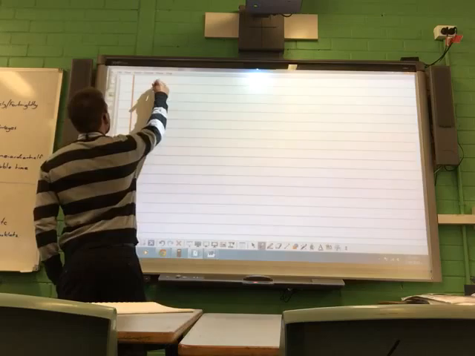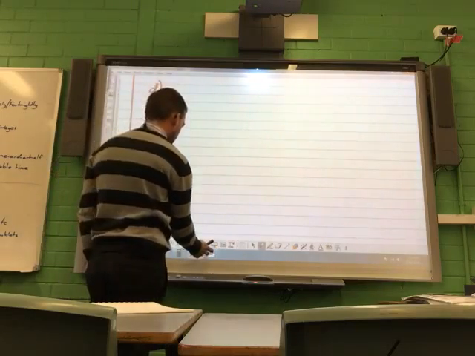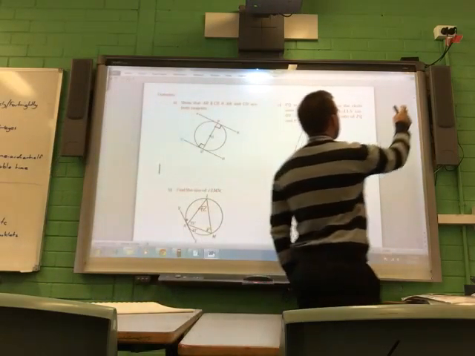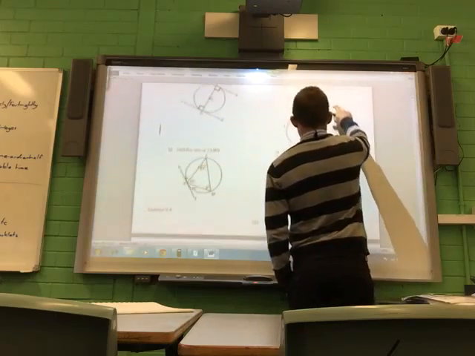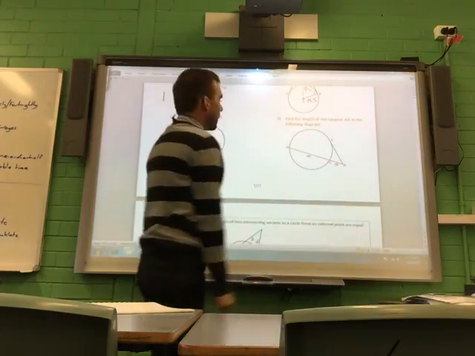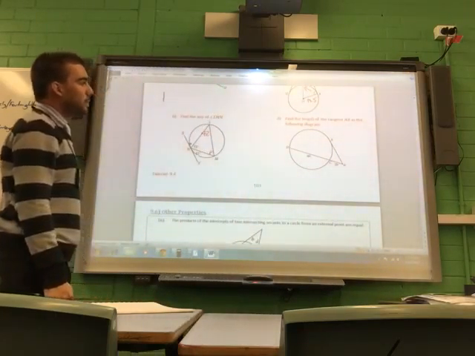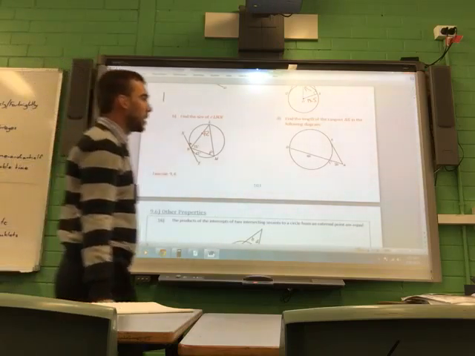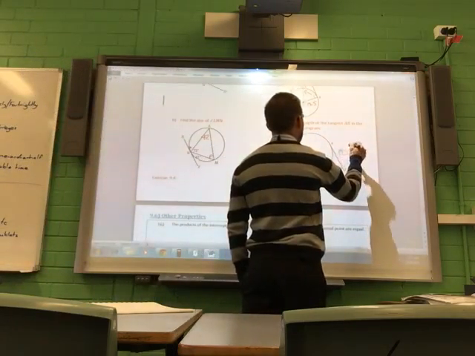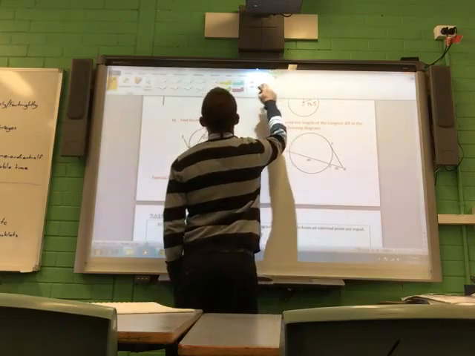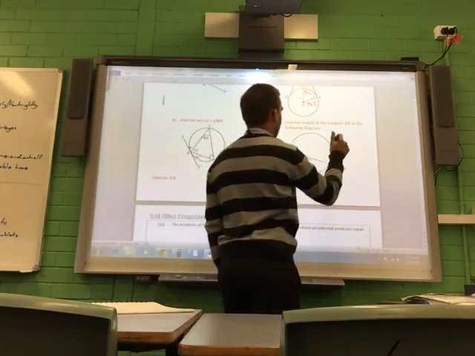Alright, D. Right, so we need to find the length of the tangent AB in the following diagram.